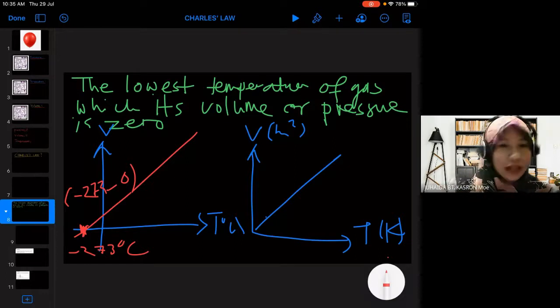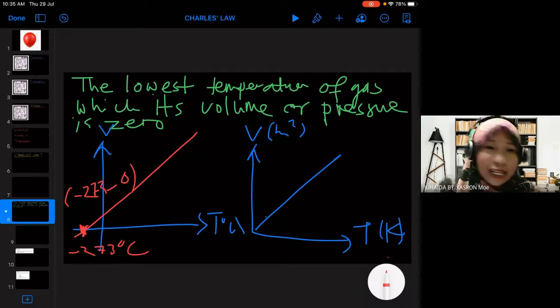There is no lower temperature than that. When the gas is cooled down to negative 273 degrees Celsius, the volume is already 0, so it seems there is no space between the gas anymore.